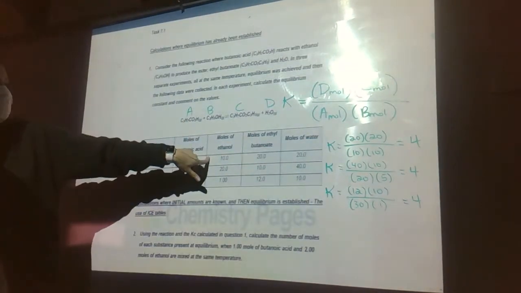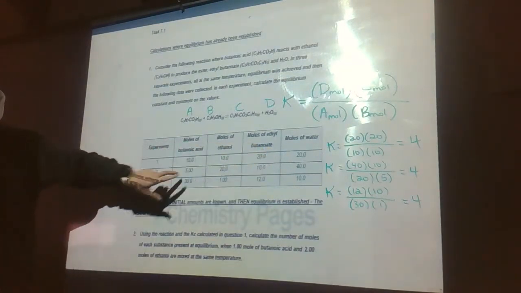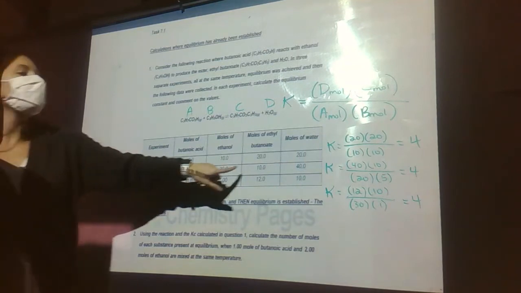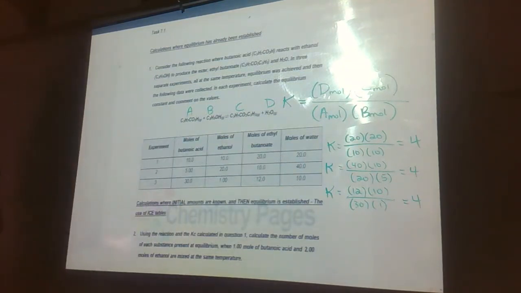So when we start with 10 and 10, we wind up with 20 and 20. If we start with 5 and 20, we wind up with 10 and 40. So the equilibrium is always going to adjust based on your moles or concentration of whatever you put in. That's what's going to determine your equilibrium constant.